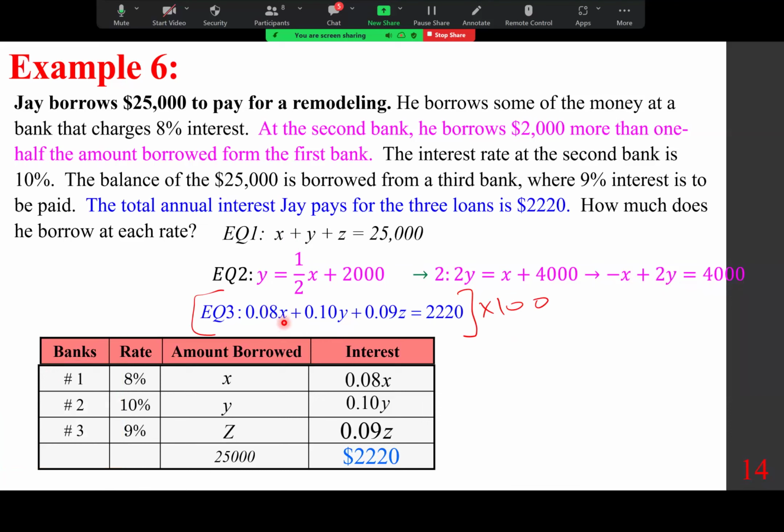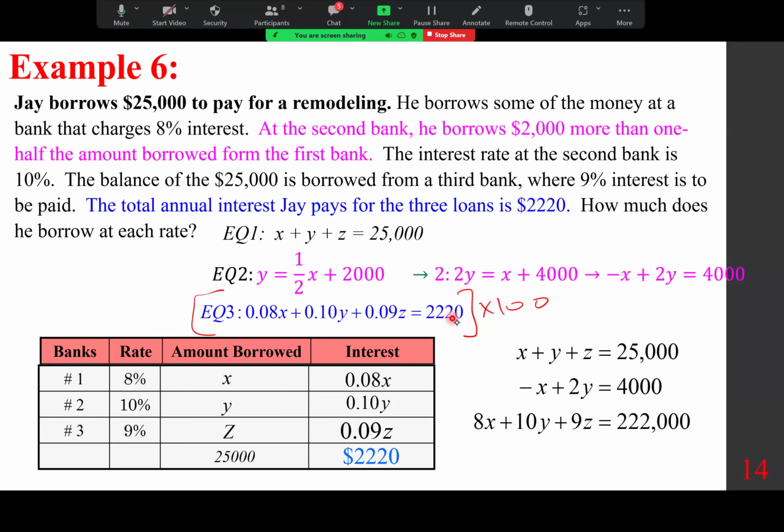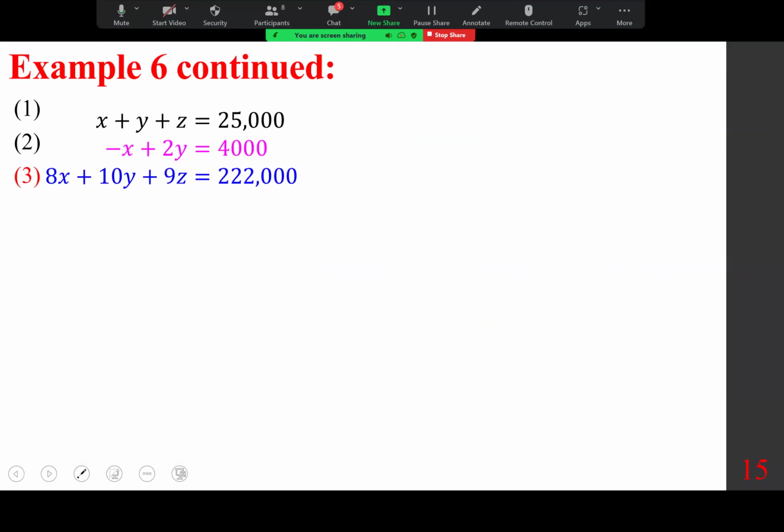This one becomes 8x plus 10y plus 9z, and you just add two zeros, so that is 222,000. So these are the three equations, everybody. I'm calling them 1, 2, 3.